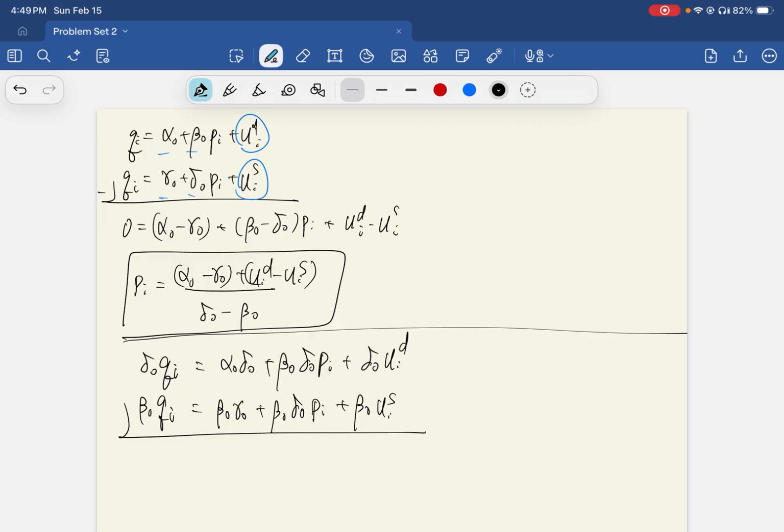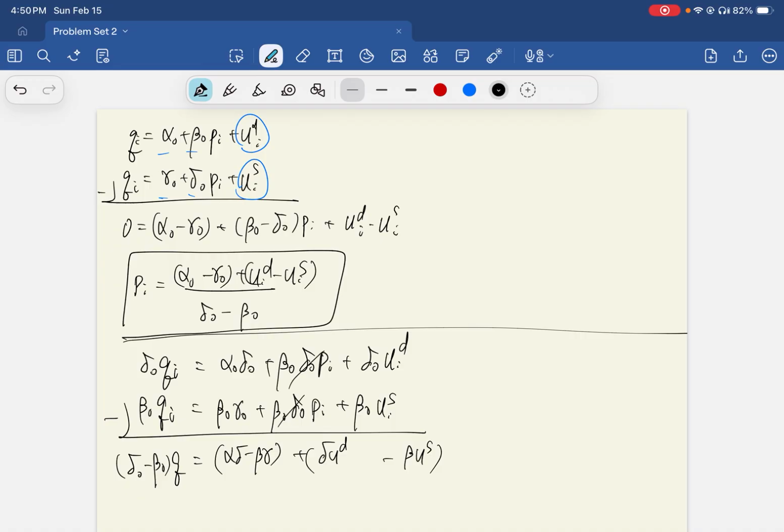If you take the difference, delta minus beta times Q equals, let me drop subscript 0, alpha delta minus beta gamma, and P cancels out, and delta minus beta U_D minus delta U_D minus beta U_S.